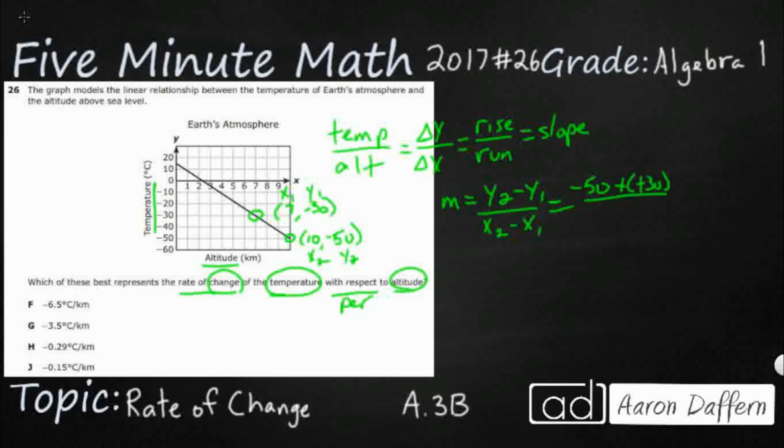And then I've got my 10 minus 7. -50 plus 30 is like 30 minus 50, so that's -20 over 3.